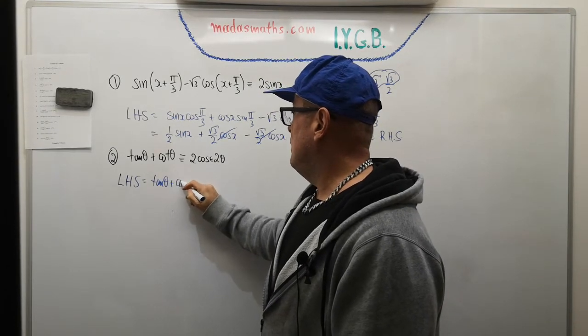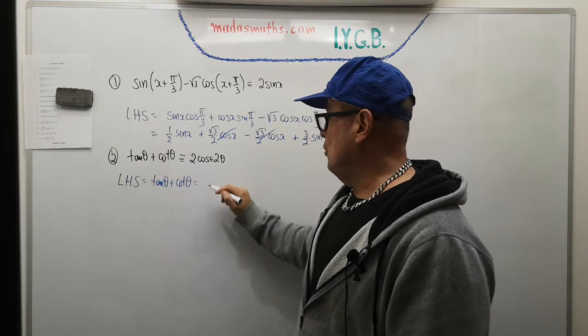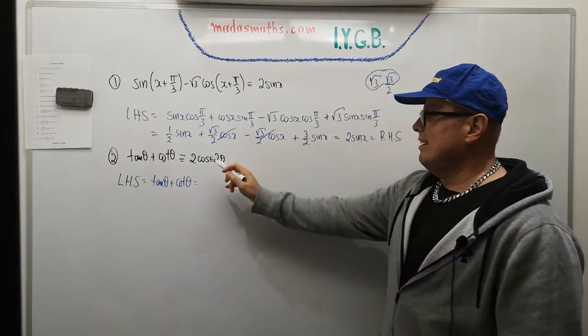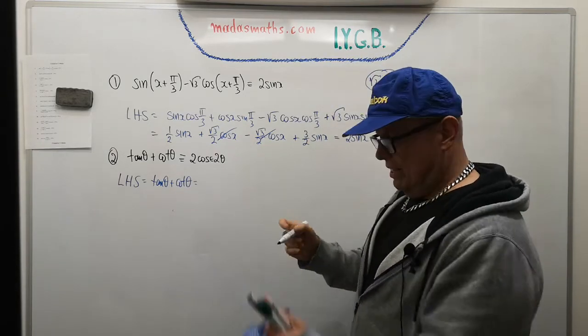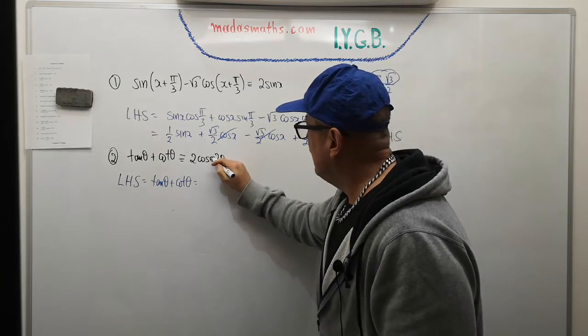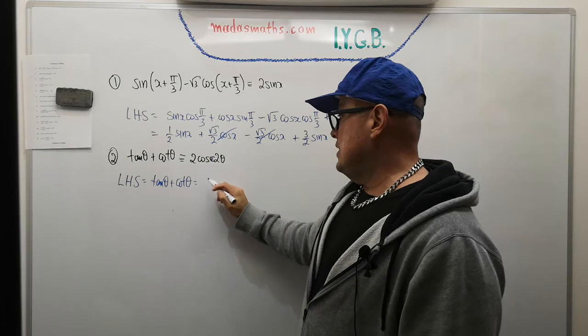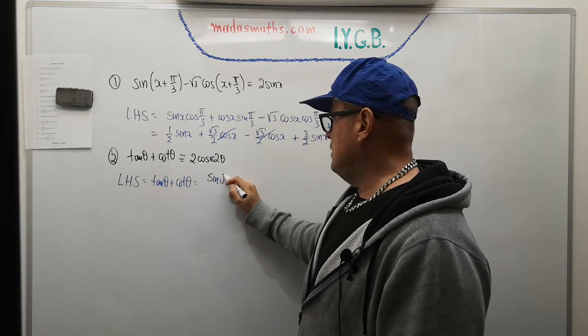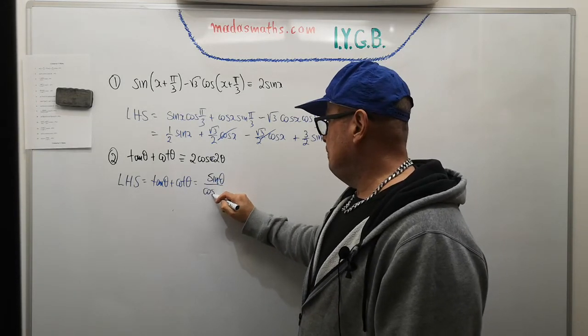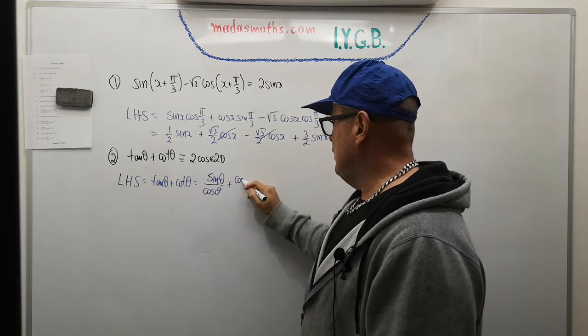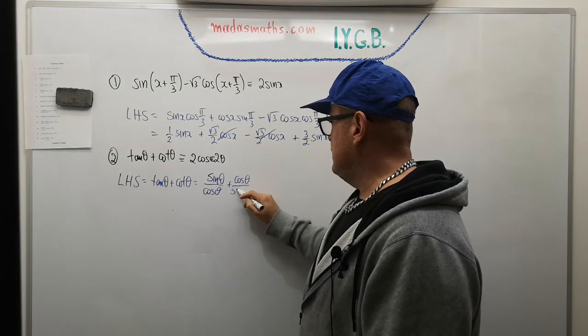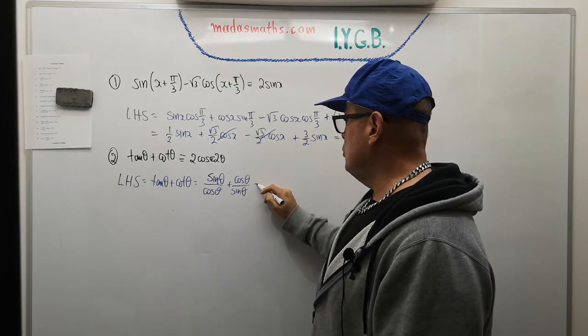Tan theta plus cot theta is equal to, because the other side has a cosec, which is a sine, cosec of 2 theta. It's probably a good idea to switch into sines and cosines. So sine theta over cos theta plus the cos of theta over the sine of theta. And now what do we do there?